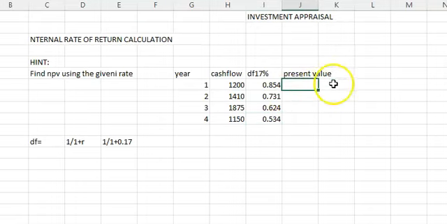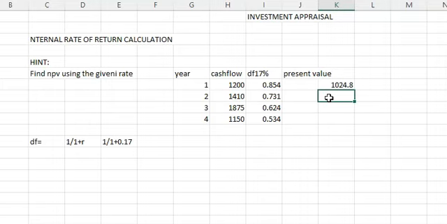A present value is gotten as this. You multiply 1,200 by 0.854. So when you multiply that, we'll be able to get 1024.8.